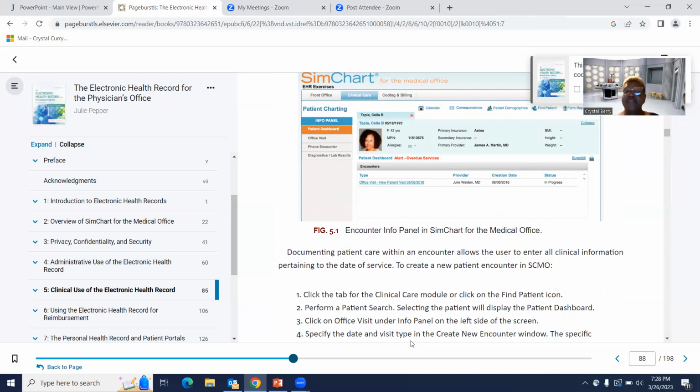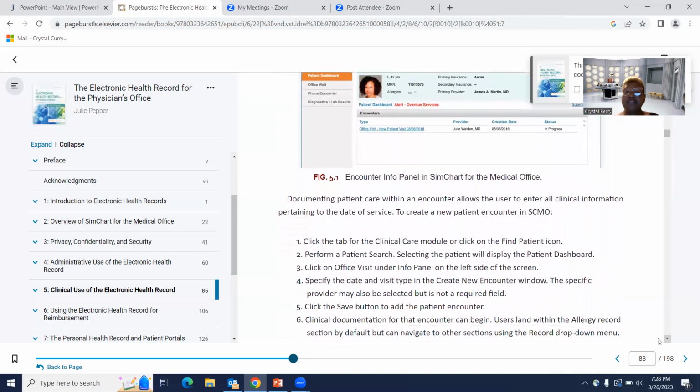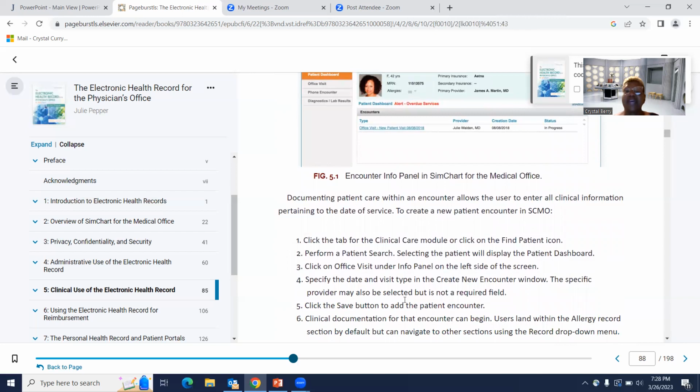Specify the date and visit type in the Create New Encounter window. The specific provider may also be selected, but is not a required field. Click the Save button to add the patient encounter. Clinical documentation for that encounter can begin. Users land within the allergy record section by default, but can navigate to other sections using the record drop-down menu.